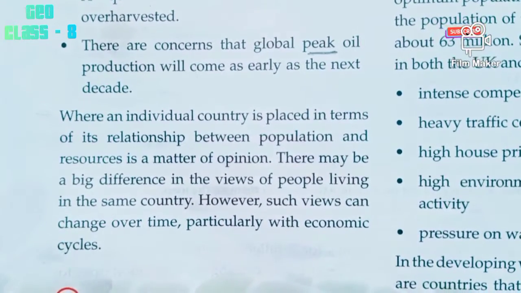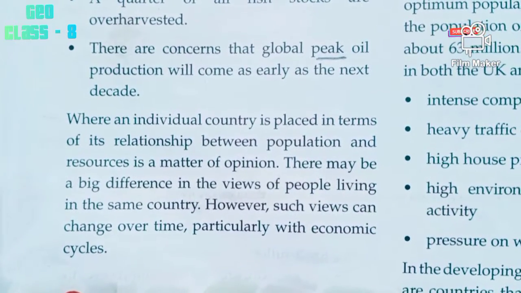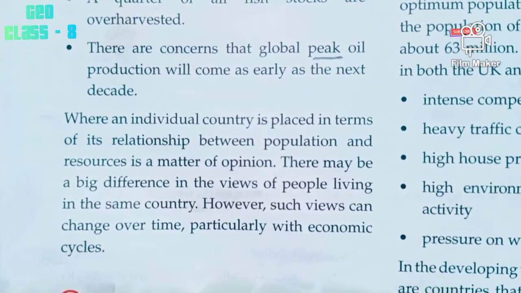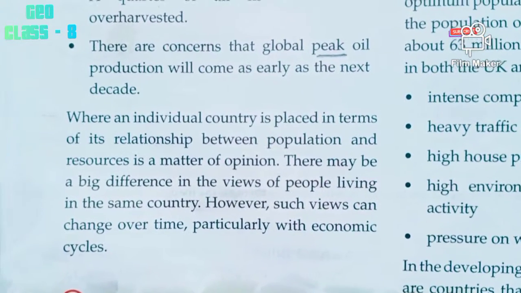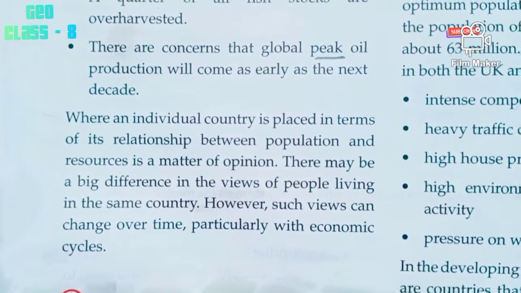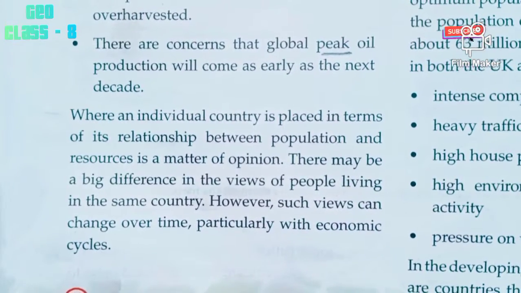It is dependent on the country how they are about to use the resources according to the population present in that country. So there may be some fluctuations we can see.